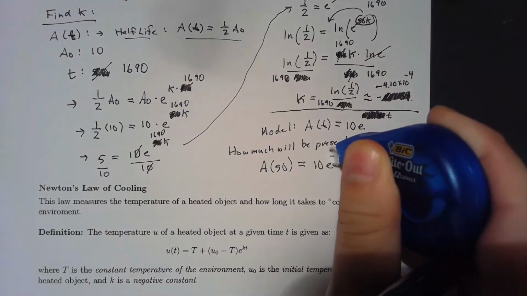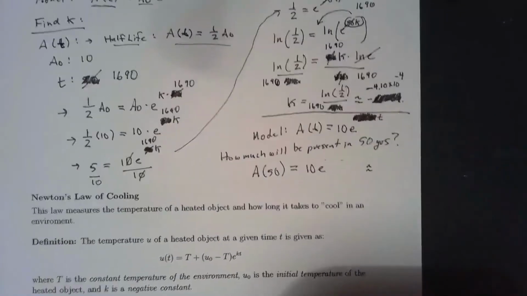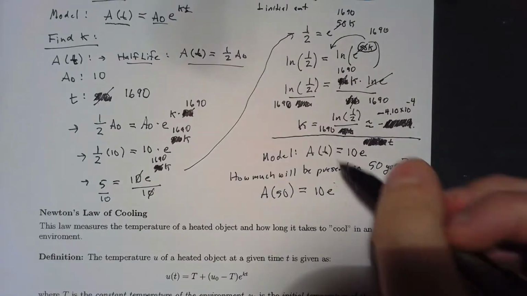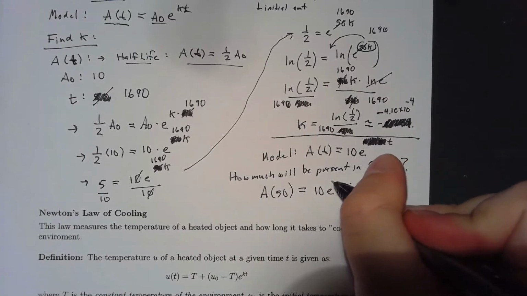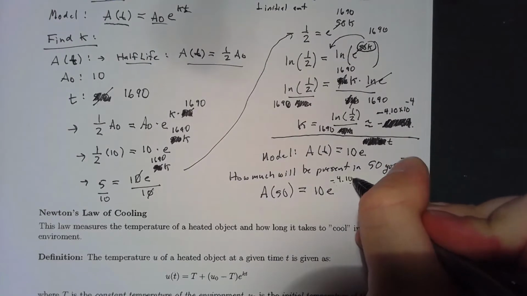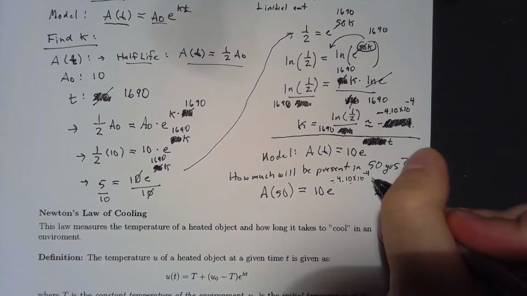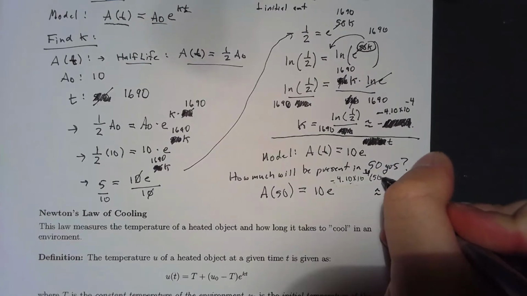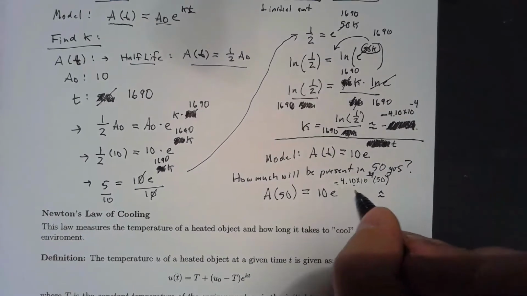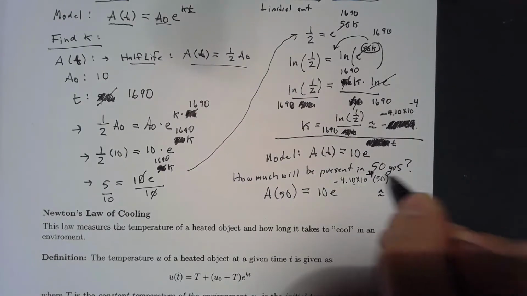I'm sorry. So negative 4.10 times 10 to the negative fourth, that number times 50. That's your k value. All right.